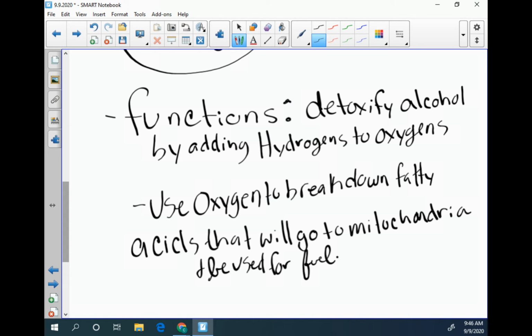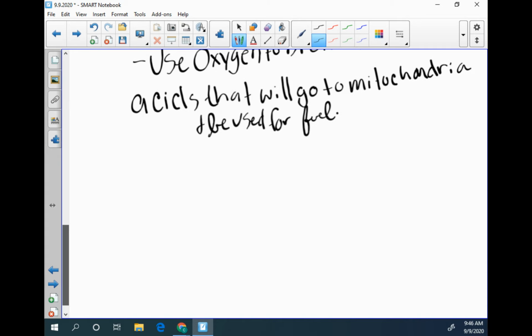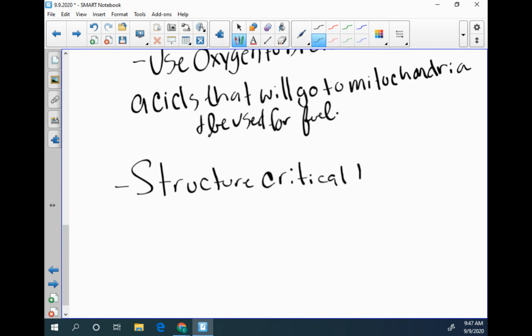Their structure is critical to their function because of that H2O2. So, structure critical to function. Because of that harmful H2O2, compartmentalization.